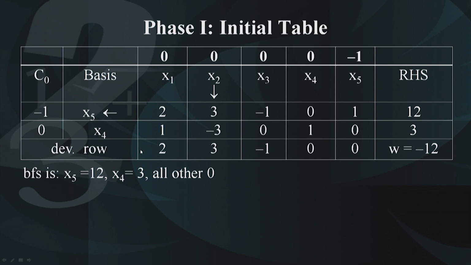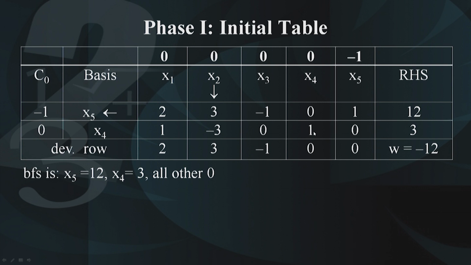First thing we need to do is look at what the BFS is. In the initial table, the BFS is x5 equal to 12 and x4 equal to 3, and all others 0. First of all, we will calculate the deviation rows. As you are very familiar now, the basic variables have entry 0.